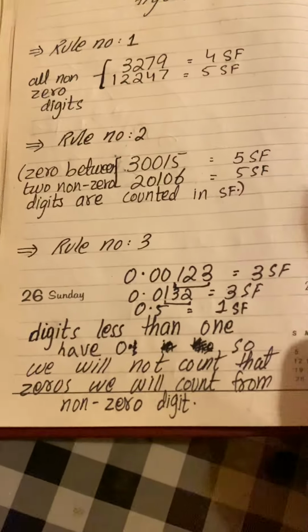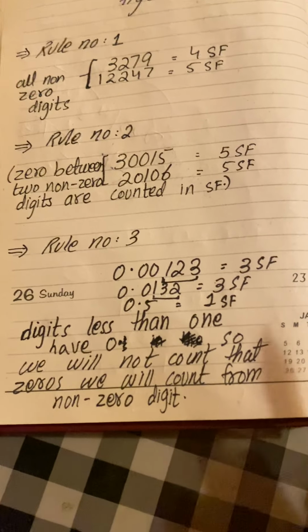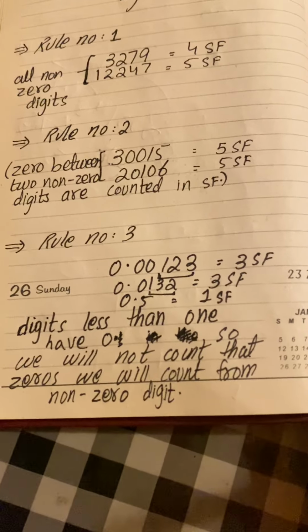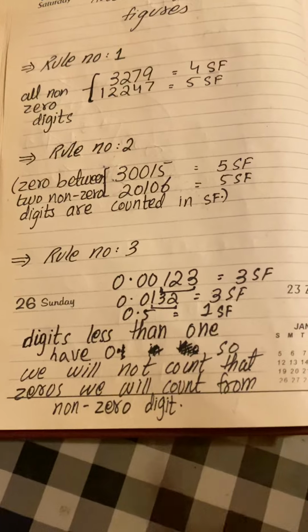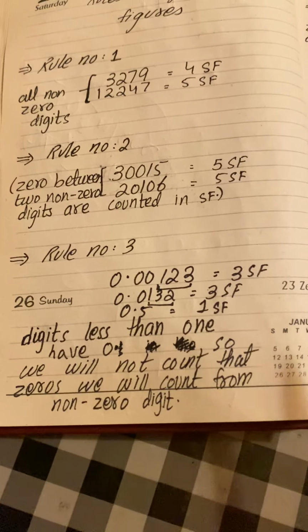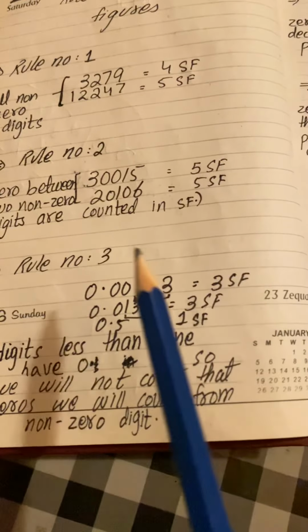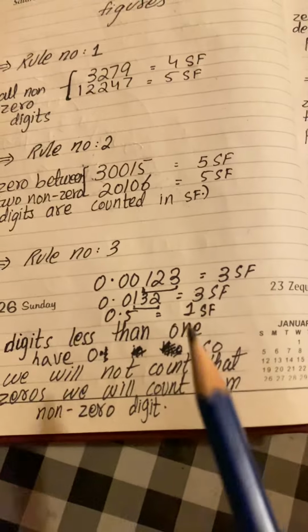Rule number 3 tells us that if the number is less than 1, meaning in a point, 0 point, we will count from the non-zero digit. We will simply neglect the zeros on the left side. As you can see, 0.00123 is a value less than 1.